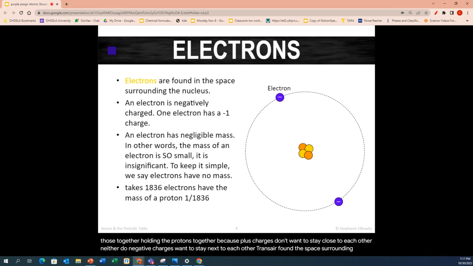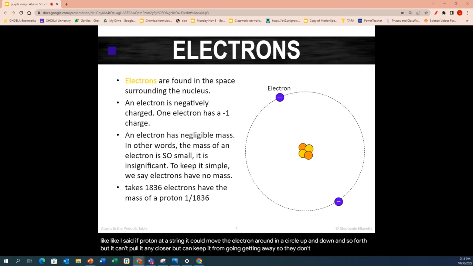Electrons are found in the space surrounding the nucleus. Like I said, if the proton had a string, it could move the electron around in a circle, up and down and so forth, but it can't pull it any closer, but can keep it from getting away.